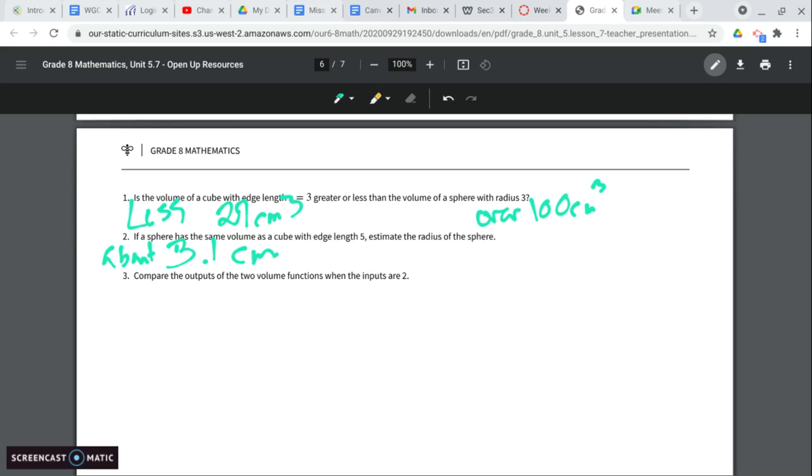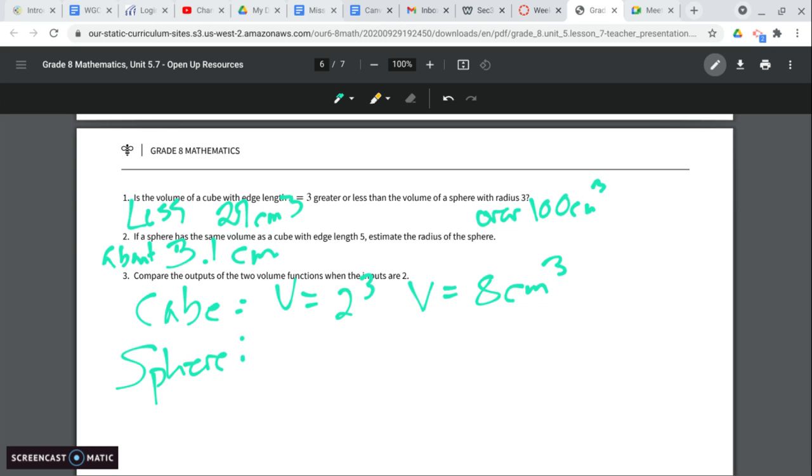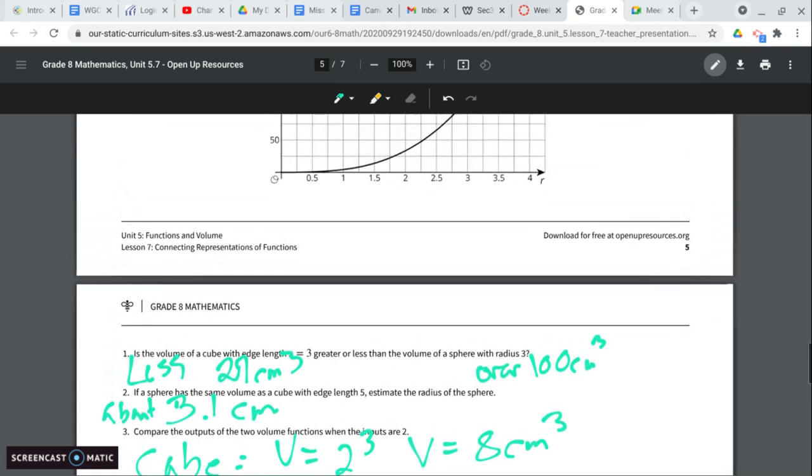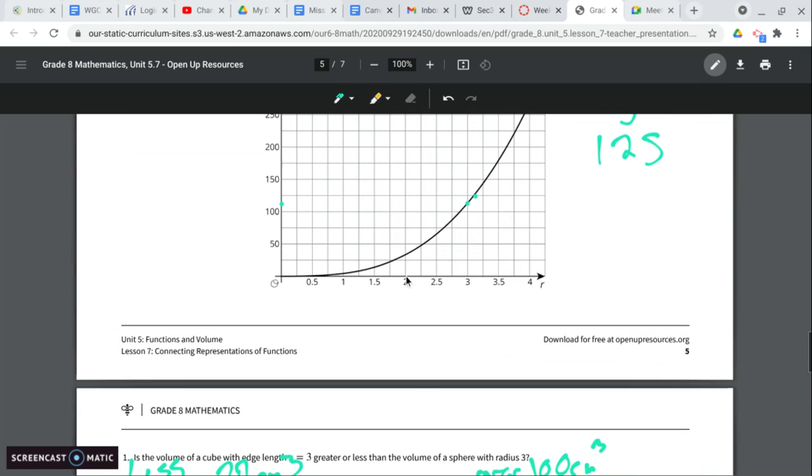All right, and last but not least, compare the outputs of the two volume functions when the inputs are 2. So for the cube, volume equals 2 to the third, so volume equals 8 centimeters cubed. For the sphere, if we look at the graph, put an input of 2, we go up, we're right about there.